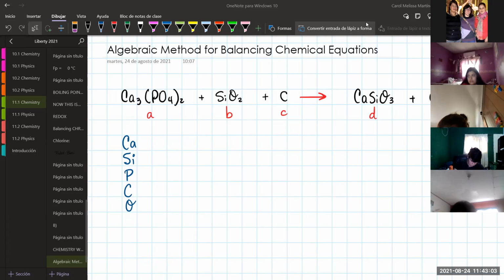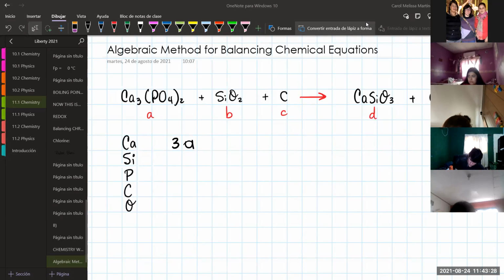So for example, calcium, you can see that you have 3 calciums located in the letter A. So in calcium, you say that you have 3 calciums located at the position A.